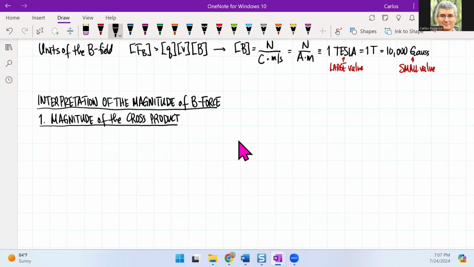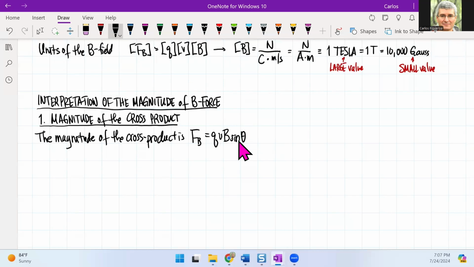So here we go. The magnitude of the cross product is, as we've already defined, equal to QVB sine of theta. There's nothing magical about this.